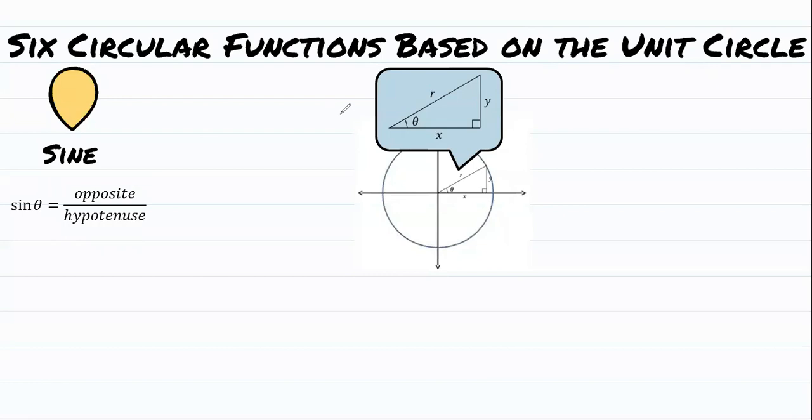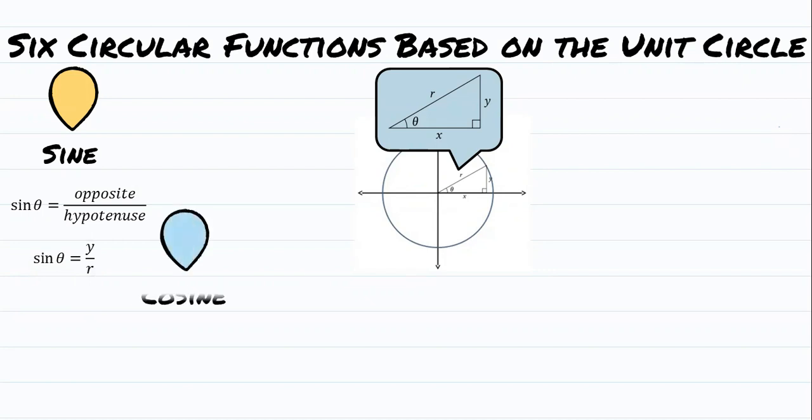Our opposite, from theta, would be y, and our hypotenuse would be r. So therefore, sine theta is equal to y over r.